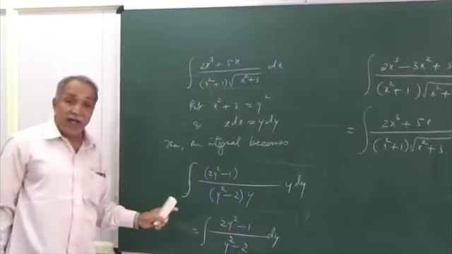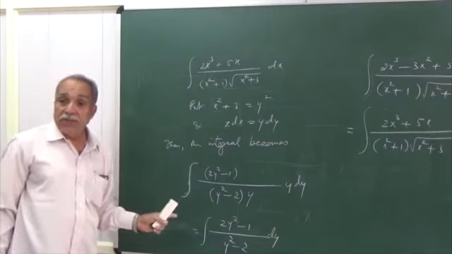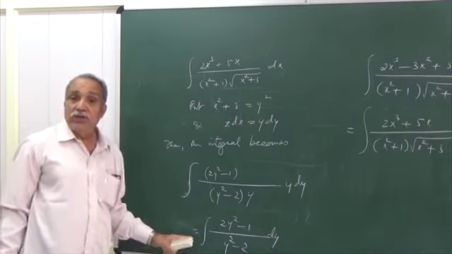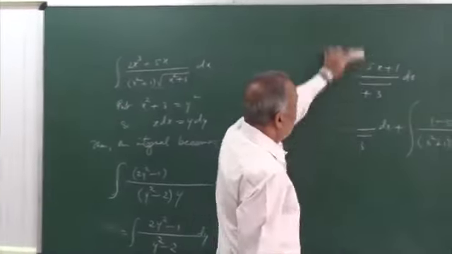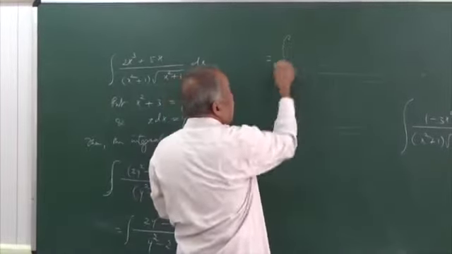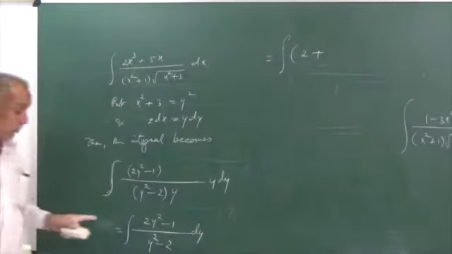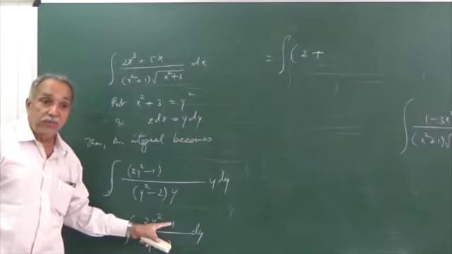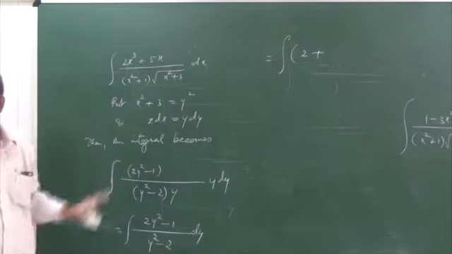A rational algebraic fraction which is not proper but improper, having the degree of the numerator equal to the degree of the denominator. So, the standard approach: first we will perform division. Write the integral as the integral of 2 plus... To perform division by 2, I need the numerator as 2y² − 4. 2y² − 4 divided by y² − 2 gives me the quotient part 2.